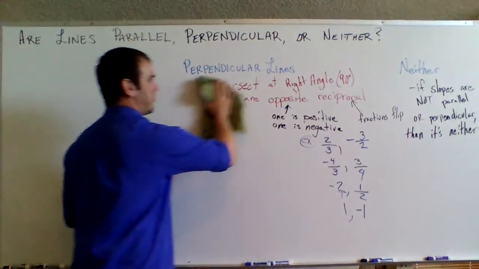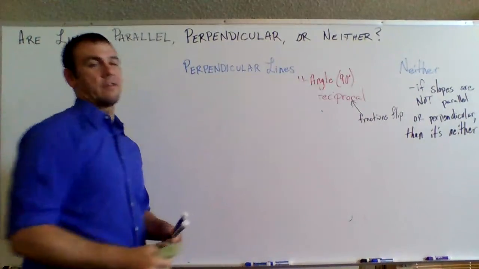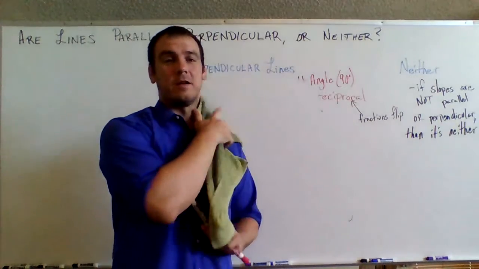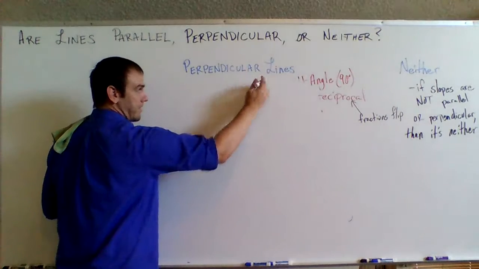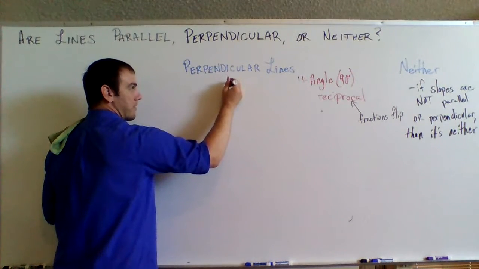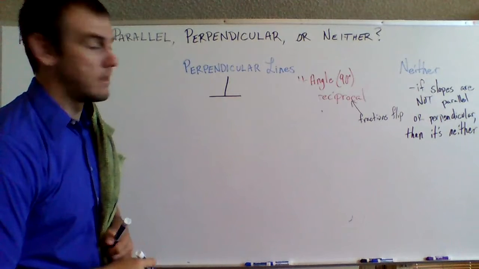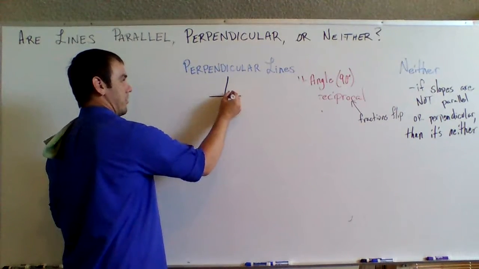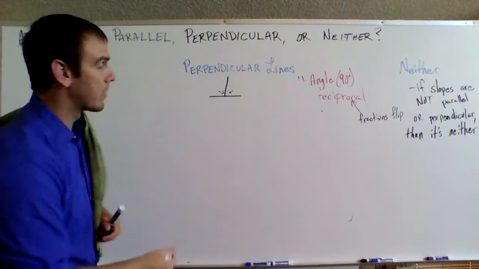I guess before I completely erase all this, one thing I want to add here, which might appear more on the SAT or some kind of standardized testing: perpendicular lines have a symbol. It's going to look like an upside down T. Basically it's showing that these are perpendicular to each other. These are right angles.